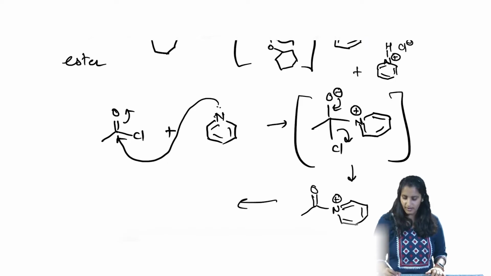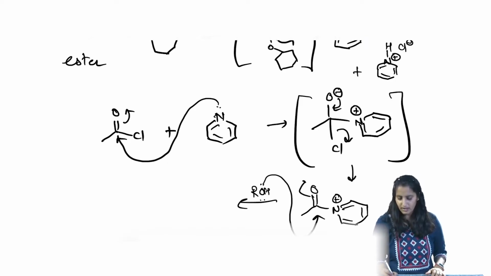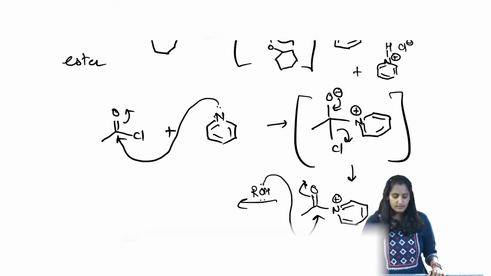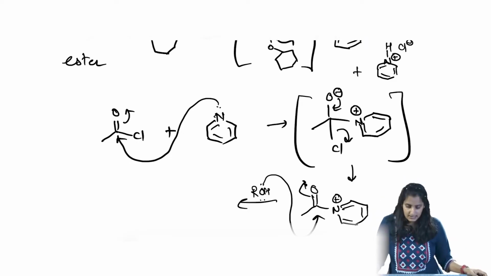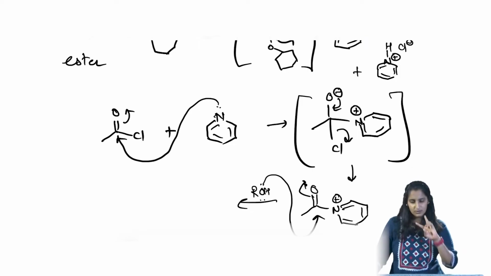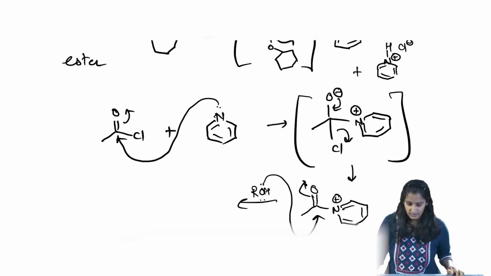Now, your alcohol attacks. So, now ROH can attack, and any alcohol for that matter, and do the rest of the reaction. So, this is called nucleophilic catalysis, and pyridine will do that. So, there are two reasons why we are using pyridine here.